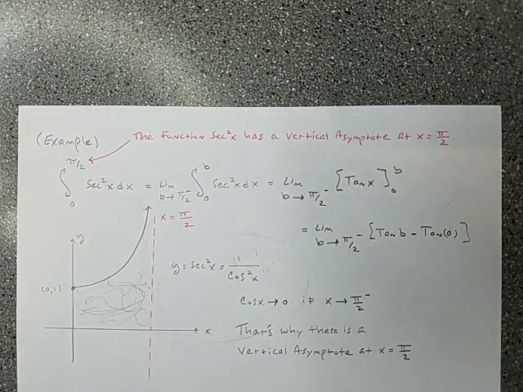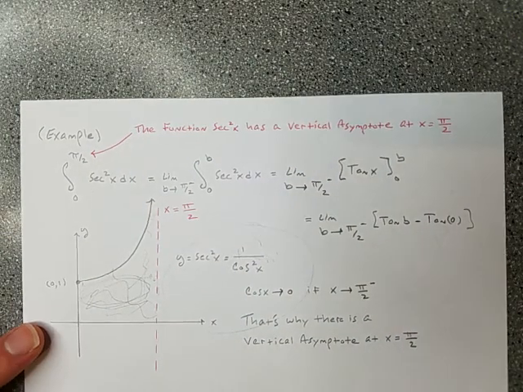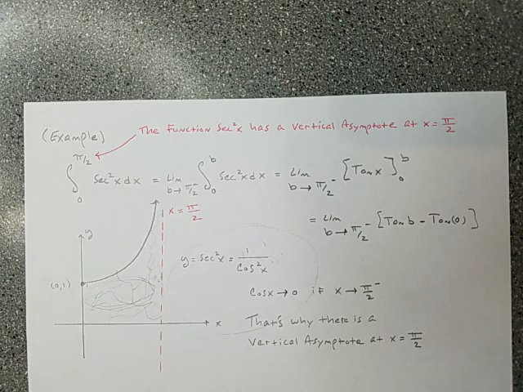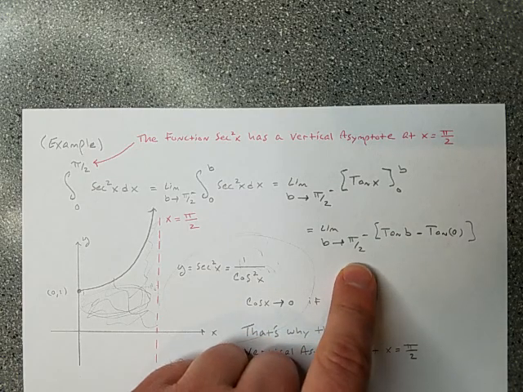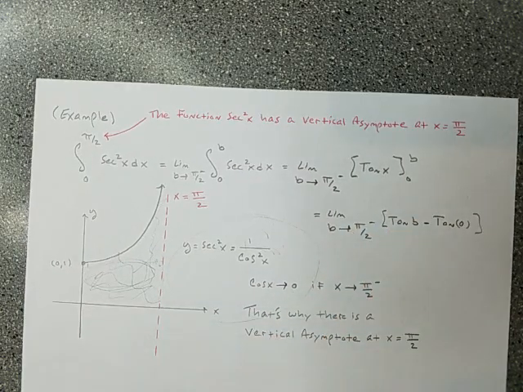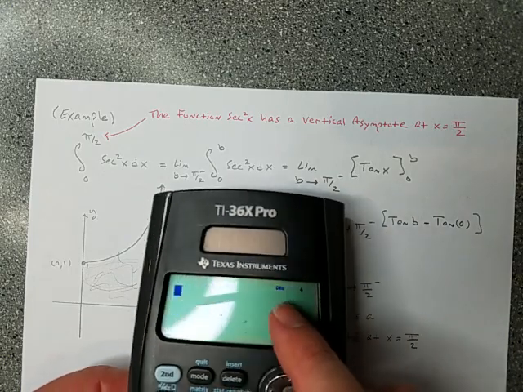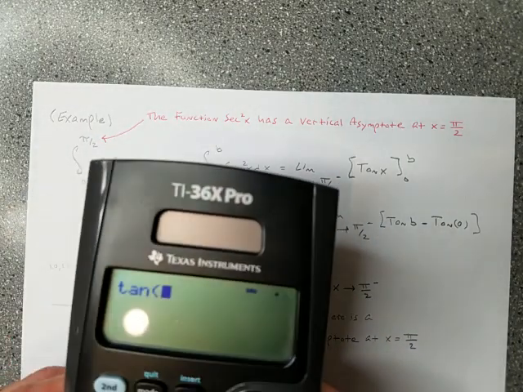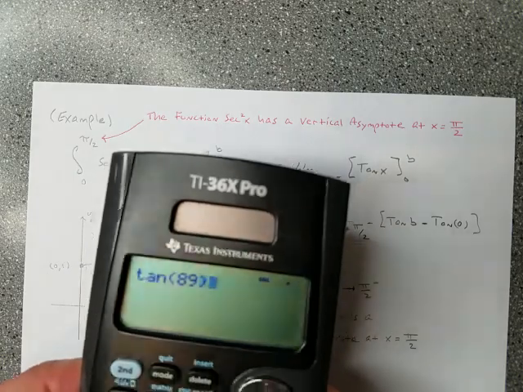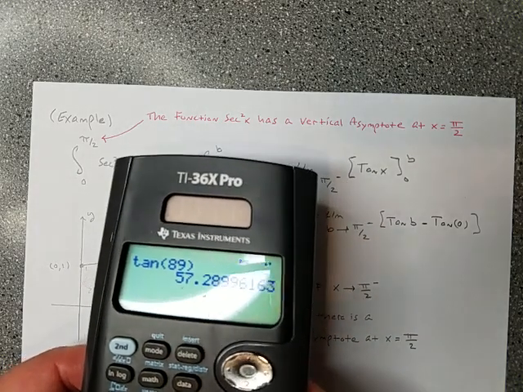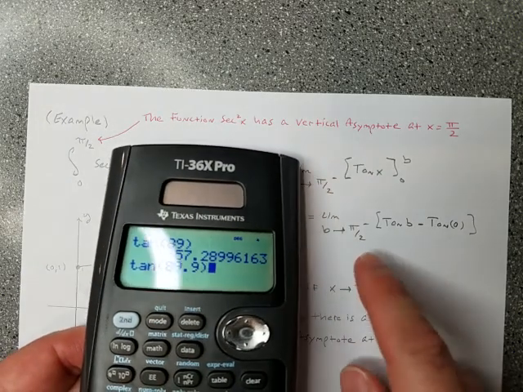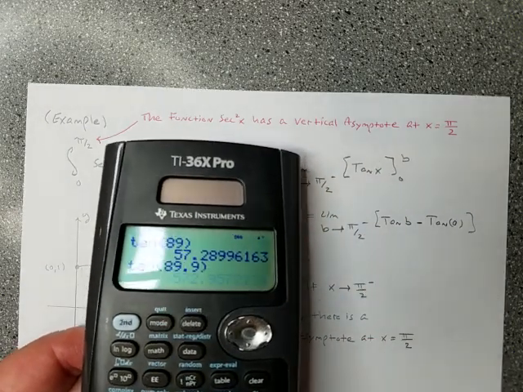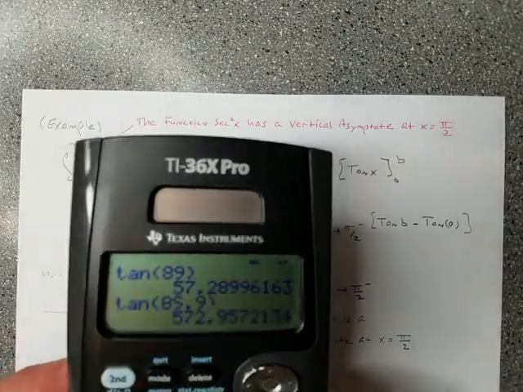So I wanted you to have that kind of sophisticated understanding about it, but we also did it on calculator. We could say, all right, what happens if I make that b, that number, closer to pi over 2 from below? Well, my calculator happens to be in degrees, so I could do tangent of 89. Let's see what I get, 57, okay. And then tangent of 89.9, that's a little bit closer to 90 from underneath, and I get 572. Let's go a little closer, one more.